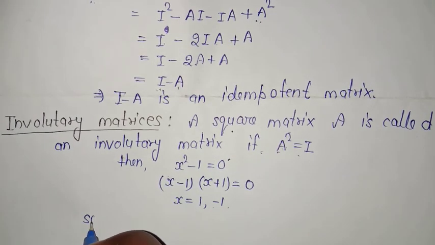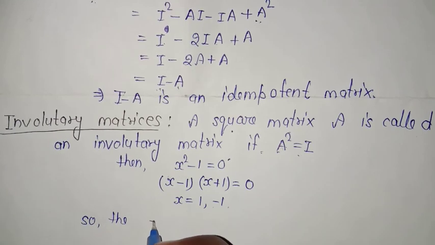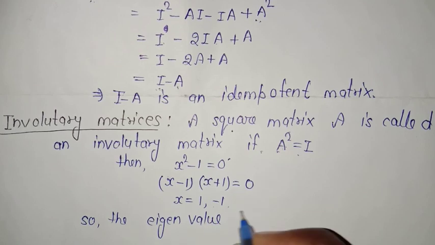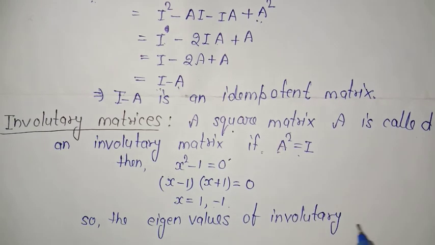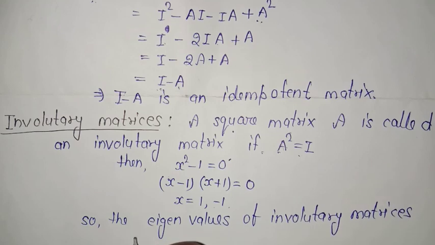The eigenvalues of involutory matrices are 1 and minus 1.